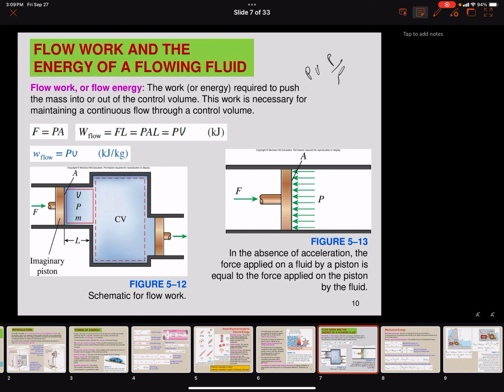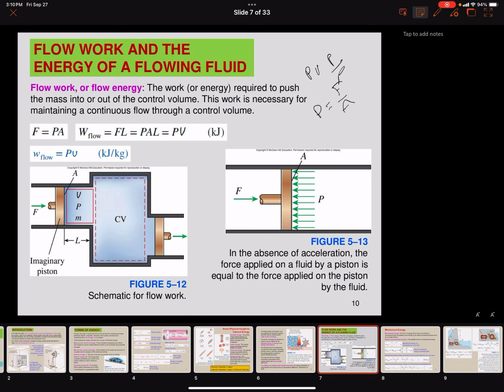So all of you know the pressure equation is force over area. Before that, let's look at the definition of flow work or flow energy. It's the work or energy required to push the mass into or out of the control volume. This work is necessary for maintaining a continuous flow through a control volume.